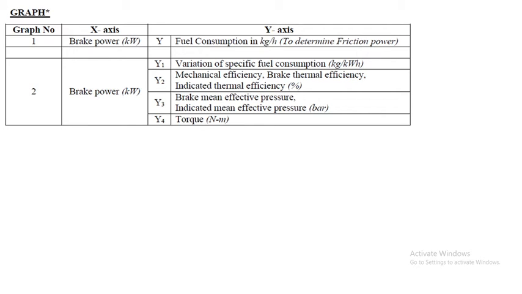Indicated thermal efficiency has the highest value compared to brake thermal efficiency, because indicated power is the input of the IC engine, based on the power produced during the combustion process only. We can obtain some useful work from the crankshaft.